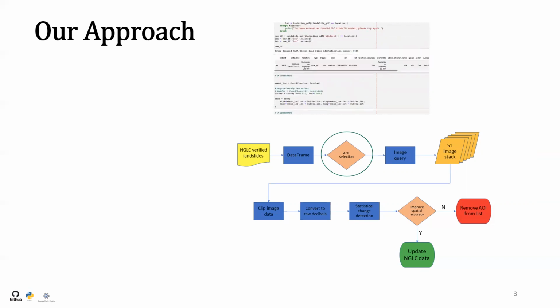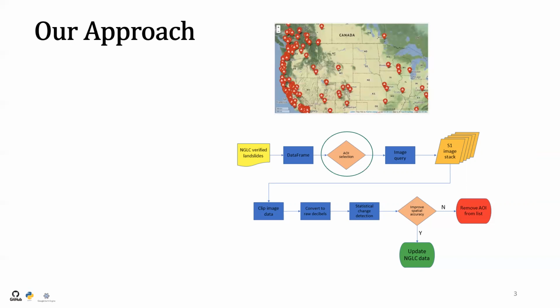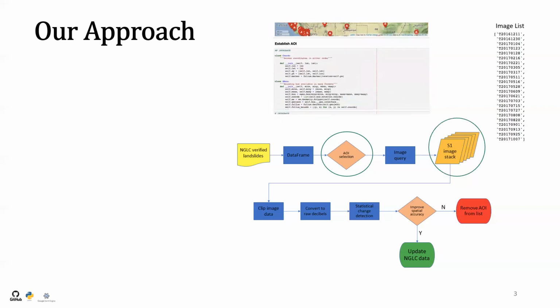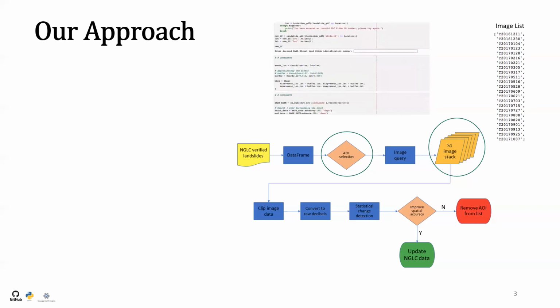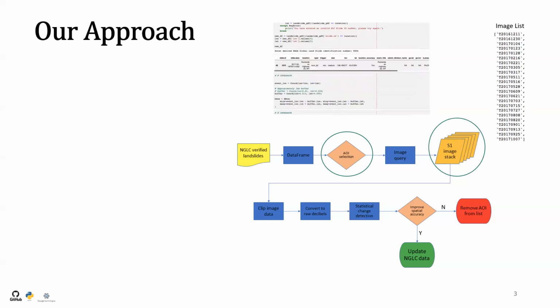You'd enter the slide identification number, which you'd get off the full map that we built, as you see there in the GIF, into the Jupyter Notebook, and that would query against Google Earth Engine in the Sentinel-1 holdings, returning an image list, which you see to the right.